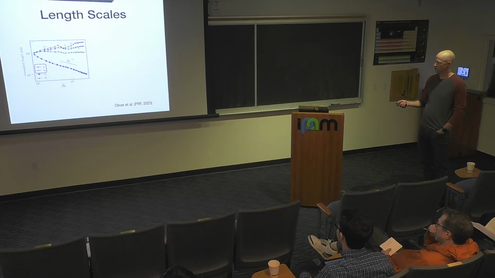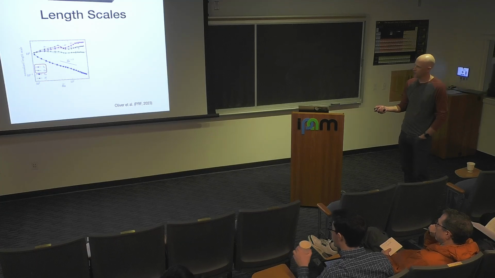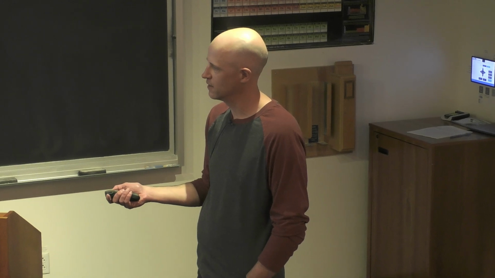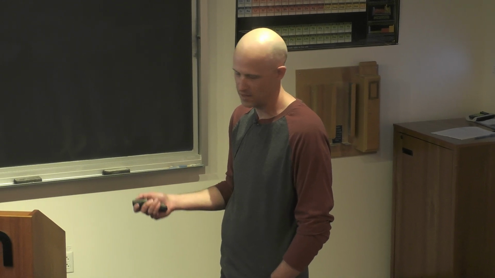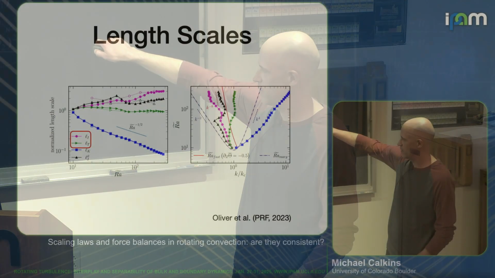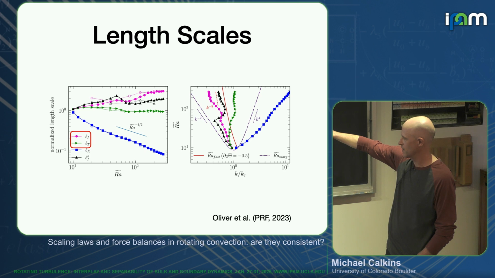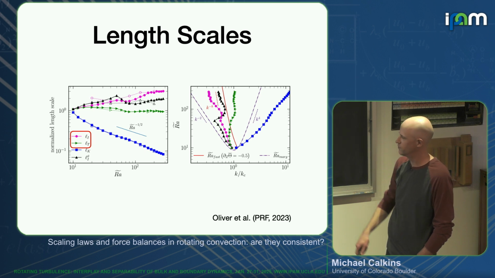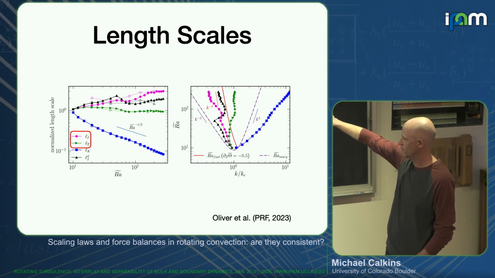So the reason I presented the marginal stability data is because you can also look at these length scales relative to those curves. So Tobias did that. This is a plot showing you the reduced Rayleigh number as a function of the wave number in the system. And you can see all the different length scales that are present. This dot-dashed curve is showing you the marginal stability behavior.